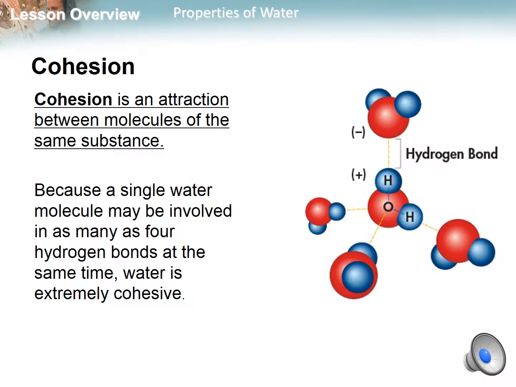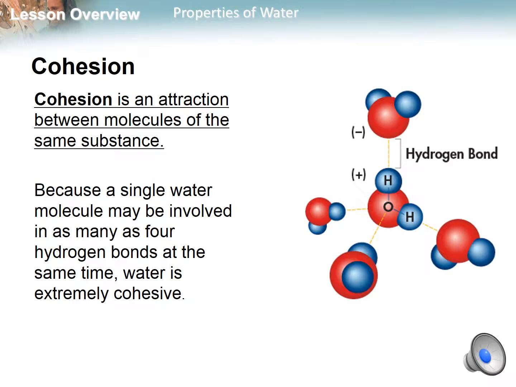Now, because of the hydrogen bonding, water molecules have a property that is called cohesion. One of the properties of water is called cohesion, and that's when you have an attraction between molecules of the same substance. So in this case, we're talking about water being attracted to water.